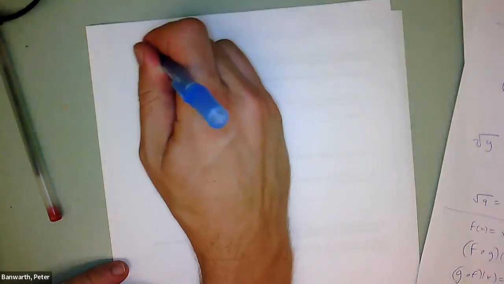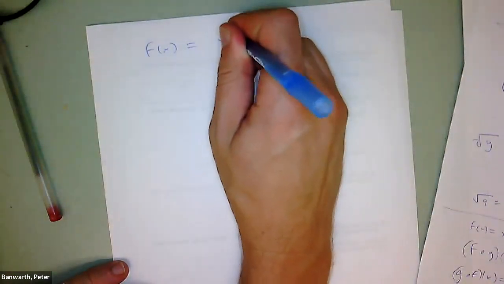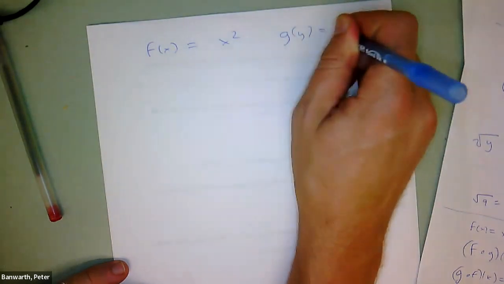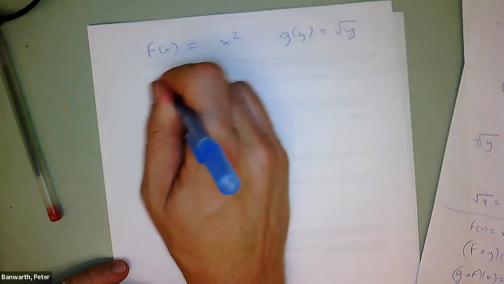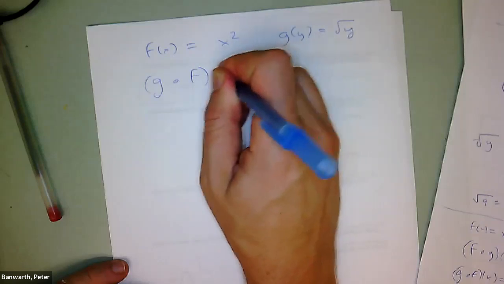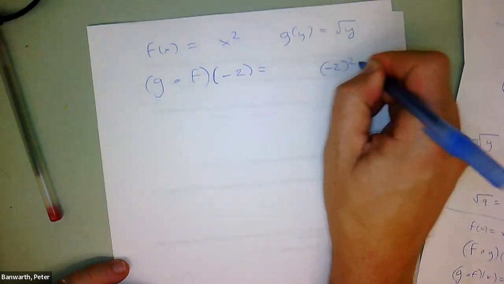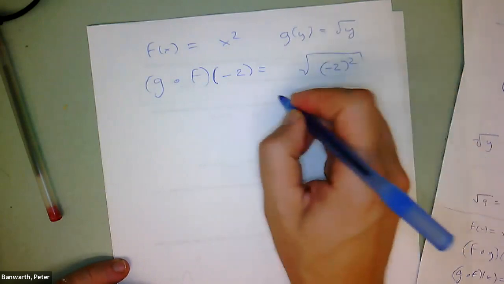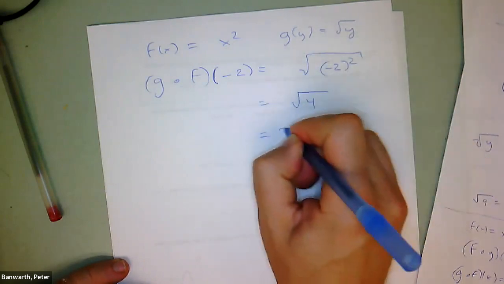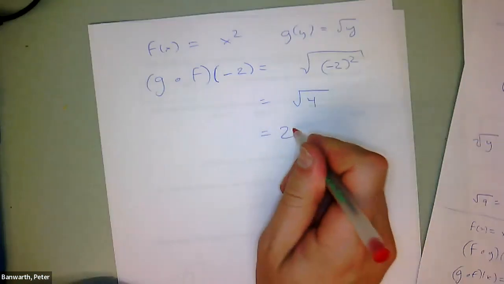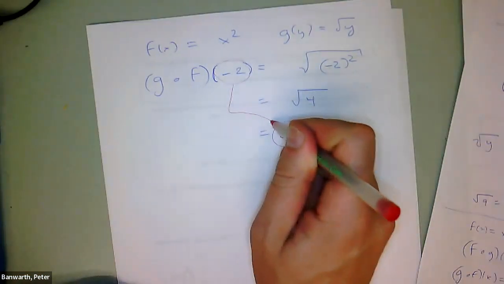Let me show you what that means. So if I do, let me rewrite it up here, f of x equals x squared, g of y equals square root of y. Let's do g composed with f of -2. Well, that's -2 squared in the square root, which is the square root of 4, which is 2. And this number is not the same as that number.